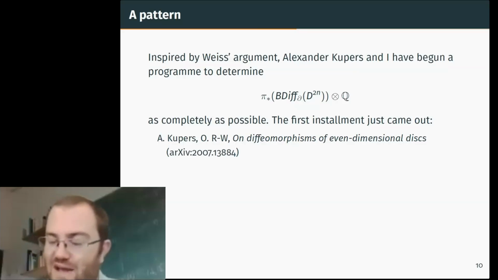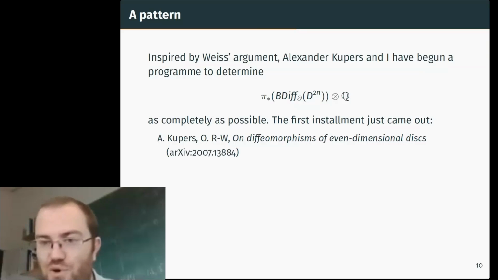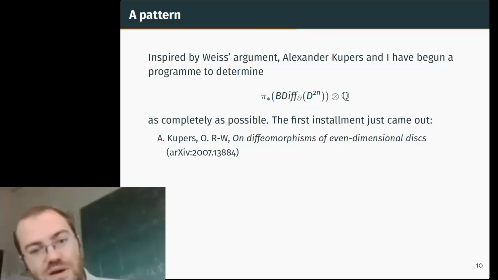He proves they have to be non-zero because he finds certain elements that on the one hand transform one way and on the other hand transform another way, and that's not possible if the group is 0. But he doesn't try to determine what the groups are. Our idea was to use similar methods to try to just determine outright what the groups are.